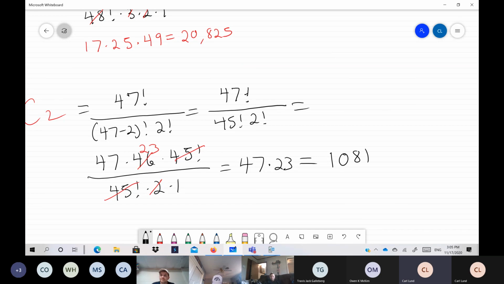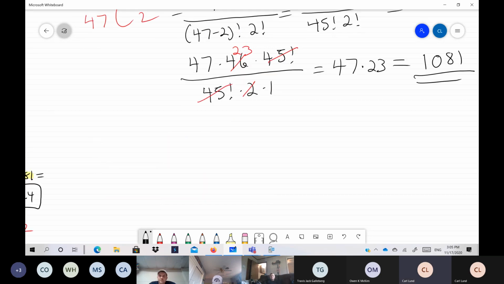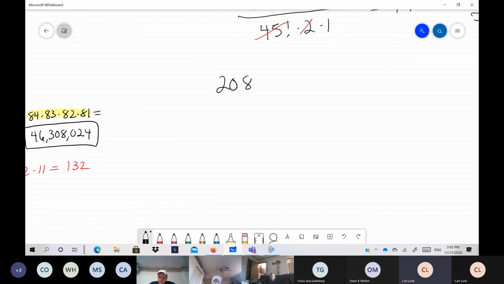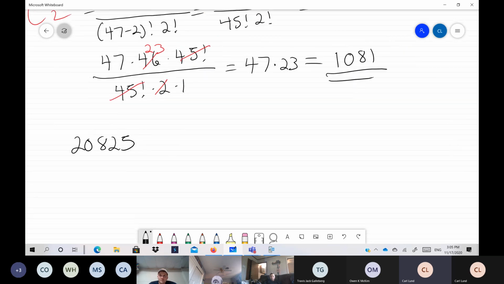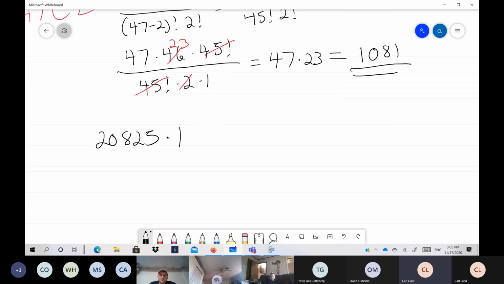So we have 20,825 ways to pick the Democratic members of the committee, and we have 1,081 ways to pick the Republican members of the committee. Now we're going to use the fundamental counting principle to find the number of committees that can be formed, which is just those 2 numbers multiplied by each other. So we have 20,825 choices for the Democratic part and 1,081 choices for the Republican part.